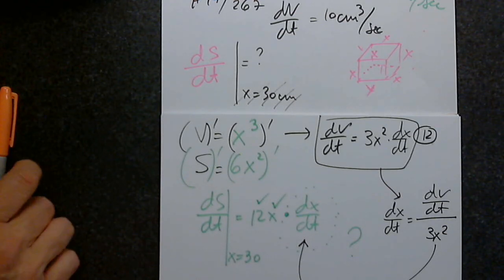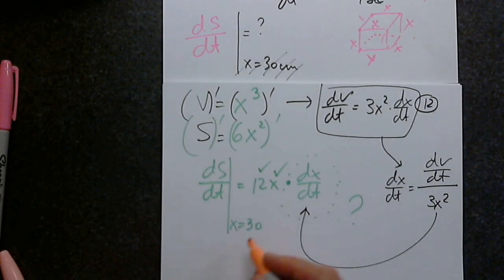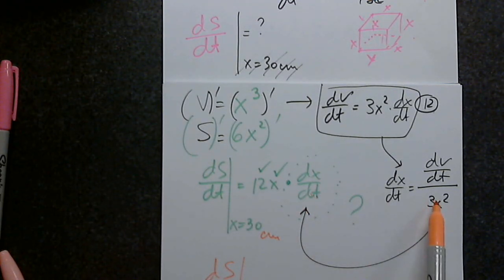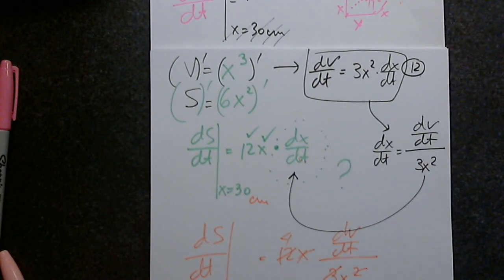So what do I write? Yes. So I have ds over dt, x equals 30, but I cannot put it in just yet. 12x, and instead of this, I copy that. So dV over dt, everything over 3x squared. Of course, I'll simplify by 3, and I'll take care of one x from there.